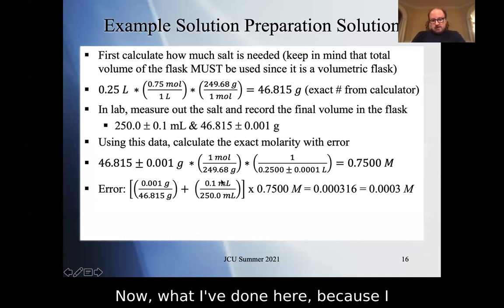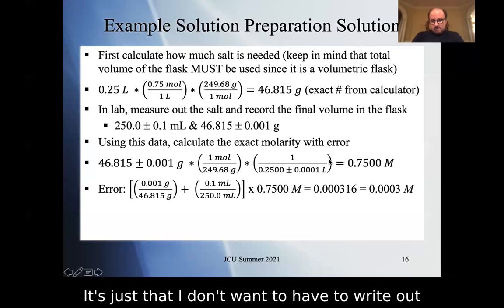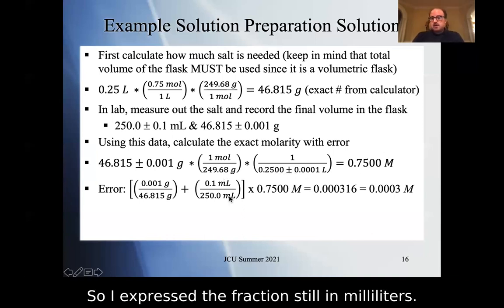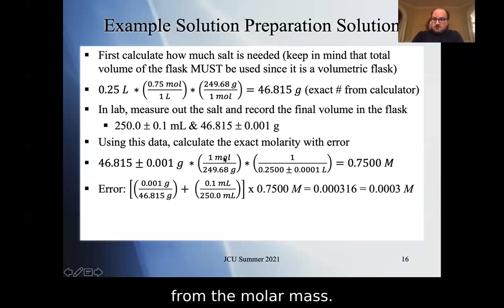Because I don't want to write out all those decimals, I just show the fraction in milliliters, because 0.1 over 250 is exactly the same as 0.0001 over 0.25. I express the fraction still in milliliters. Now, again, in this case, there is no error contribution from the molar mass, right?